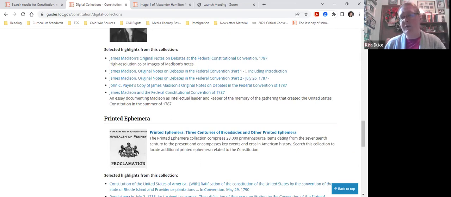Another trick for this time period in finding transcriptions is, if you find a document that is well known for being very influential and important, sometimes you can take the title, Google search it, and the National Archives or a university somewhere may have transcribed it.